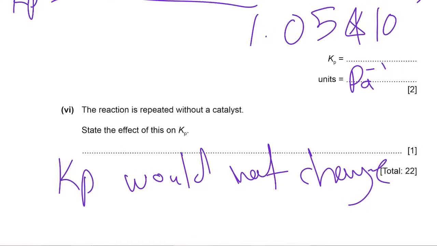You will always have the same ratio of the number of moles of the reactants and products. So Kp is always constant. So if you repeat this reaction with or without catalyst, or with a better catalyst than the previous one, Kp is constant, but the rate of reaction will be affected.